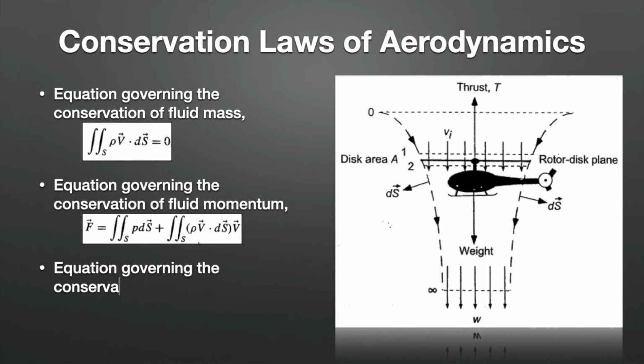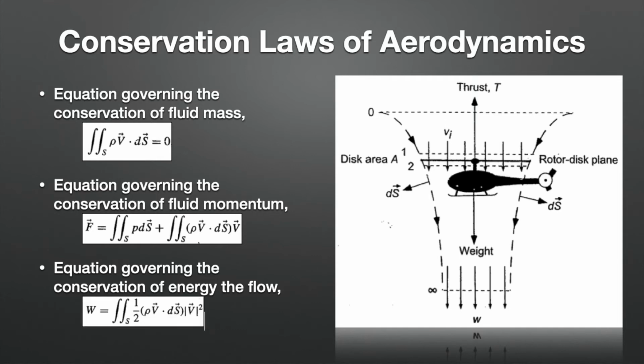Third one, an equation governing the conservation of energy in the flow can be written as W is equal to double integration over S of 1 by 2 into rho V dS into V square. So this is the concept of the conservation laws of aerodynamics.